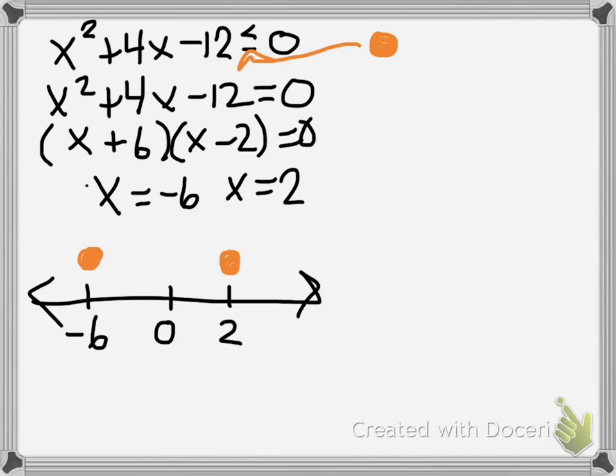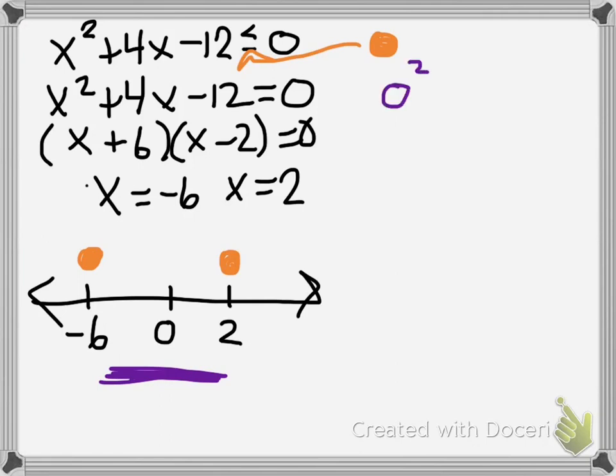So then the next thing we want is to be able to find out which way we are shading. In order to do that, we are going to test different areas. The easiest one to test is the one with 0. So I'm going to look in here. I want to know, should I shade between those 2 orange points? And 0 is in there, so I'm going to test that in my original equation.